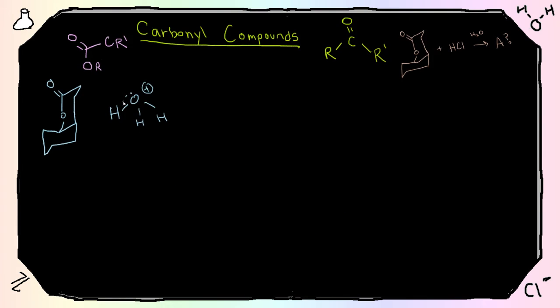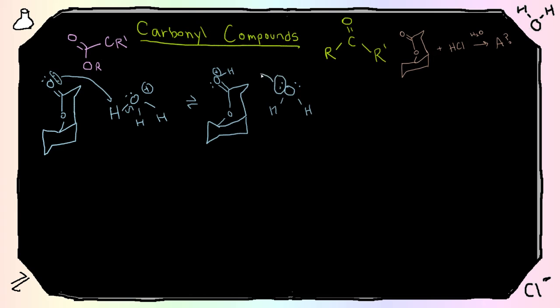So now let's start doing our substitutions. First, we protonate this double bonded oxygen with the H3O plus that is in the solution. Next, this causes this water to come in and kick this electron pair right up to this oxygen.